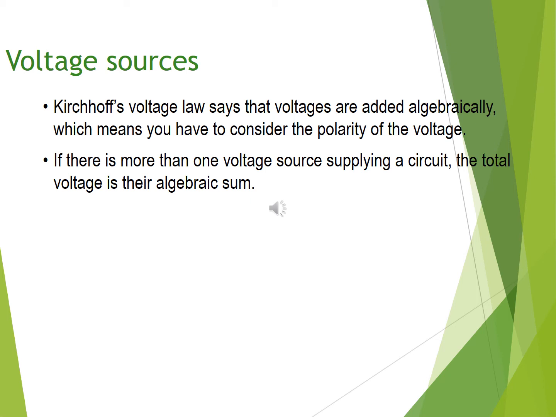But if you accidentally or for some reason turned one of the batteries around, so that it was connected positive to positive and negative to negative, that would take away from the total 15 volts. Probably not making myself too clear there, but I'm just trying to explain the words algebraically and polarity.